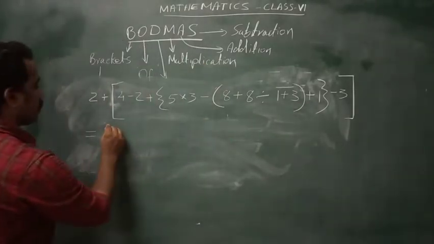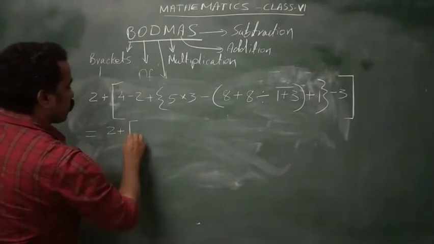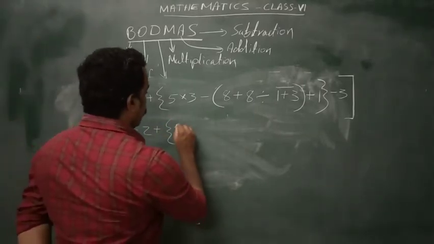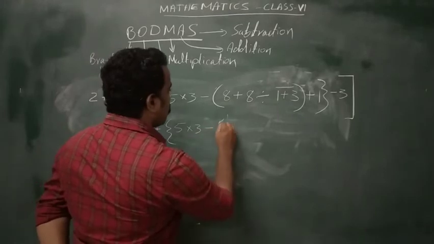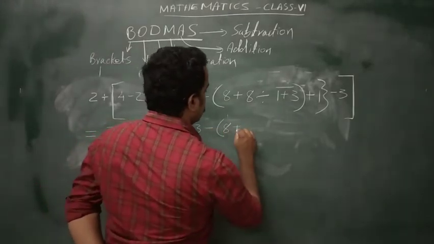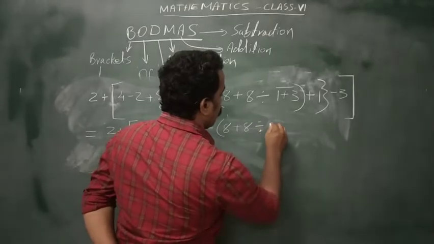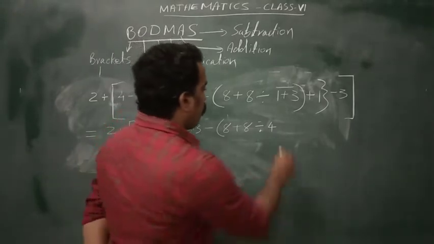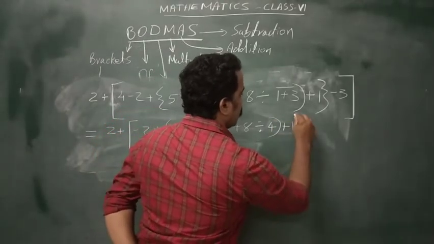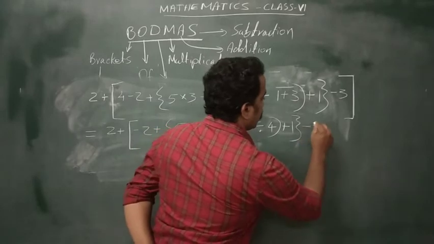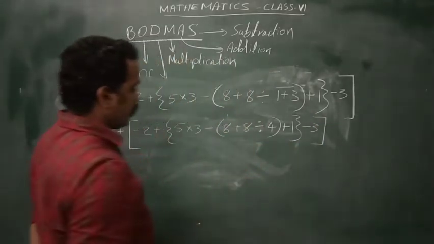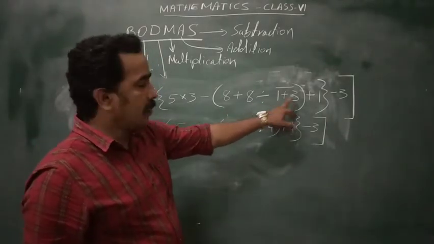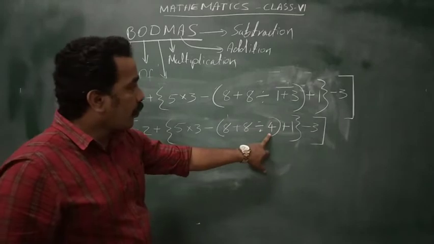So first step it will be 2 plus square bracket minus 2 plus curly bracket 5 into 3 minus 8 plus 8 divided by 1 plus 3, the vinculum we are doing, 1 plus 3 is 4, plus 1, then curly bracket close, minus 3, square bracket also closed. So in this step we solved this vinculum. That is, 1 plus 3 became 4.